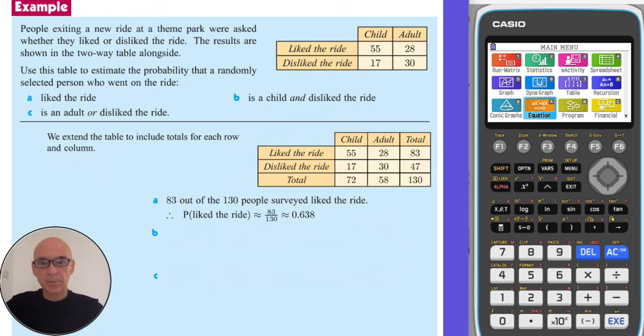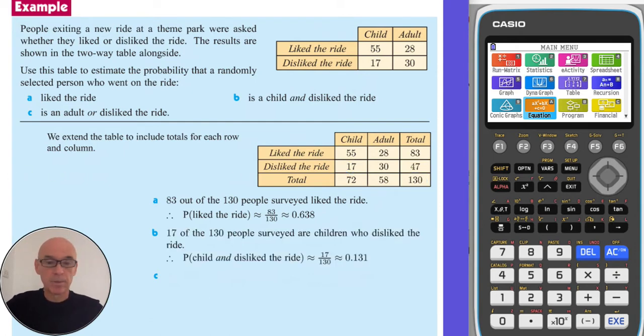To estimate the probability that a randomly selected person from the group is a child and disliked the ride, you can see that there are 17 children out of 130 that disliked the ride. So the probability is 17 out of 130, or 0.131.